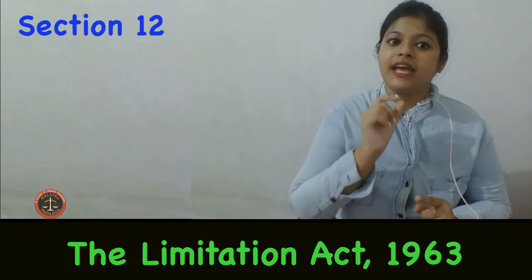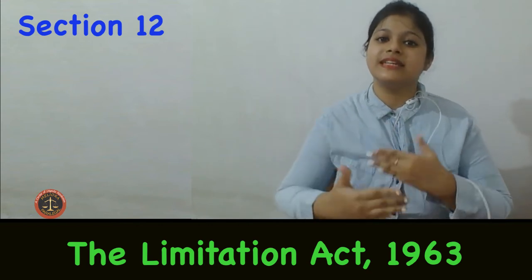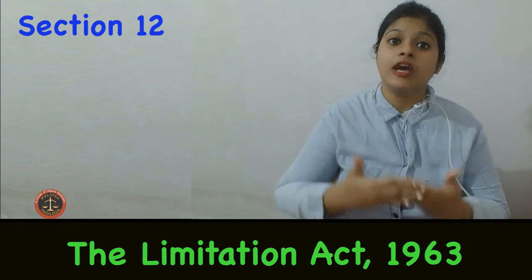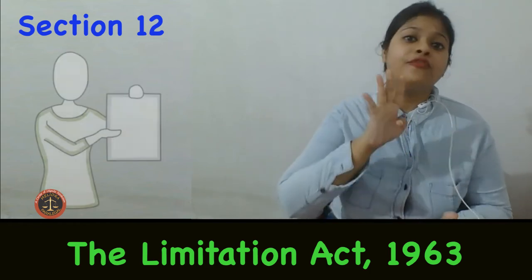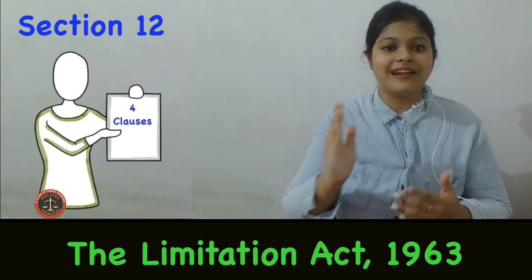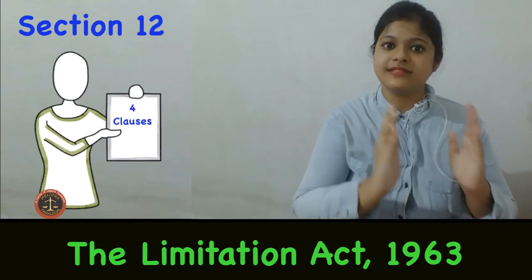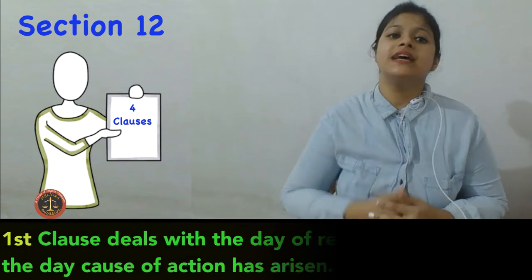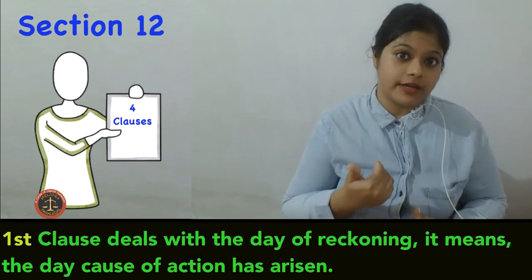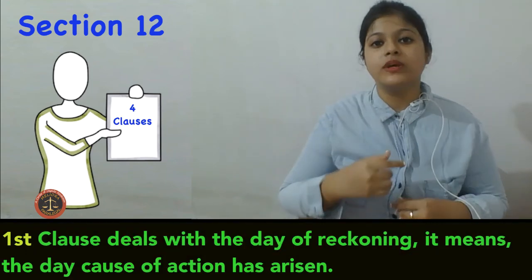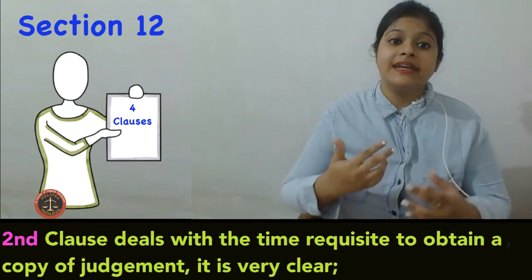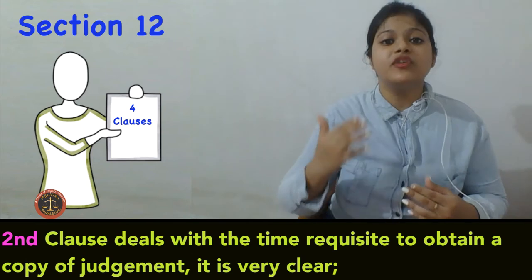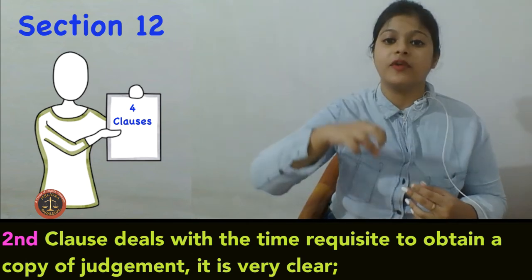Now, we get back to section 12, which discusses the exclusion of certain time period during that prescribed time. In order to define the concept of exclusion of the time period, which is in accordance to section 12, the 4 clauses have categorized it in different situations. The first clause deals with the day of reckoning. It means the day on which the cause of action has arisen. Clause 2 deals with the time requisite to obtain the copy of judgment.